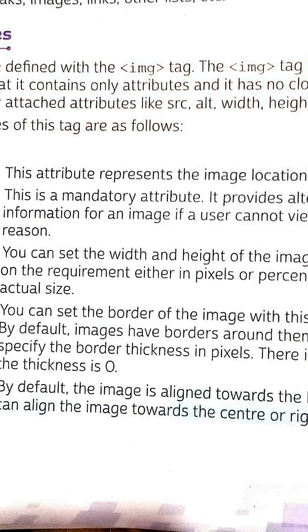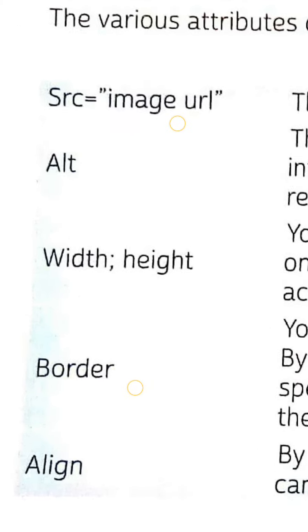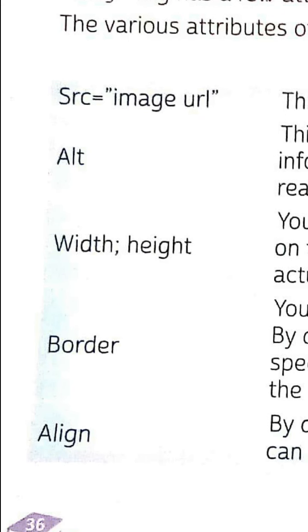The img tag has a few attached attributes. It has some attributes like src equal to image URL, alt, width, height, border and align. These are the few attached attributes to insert an image. So, in today's online class, I'll be telling you only the two attributes, that is src equal to image URL and alt.